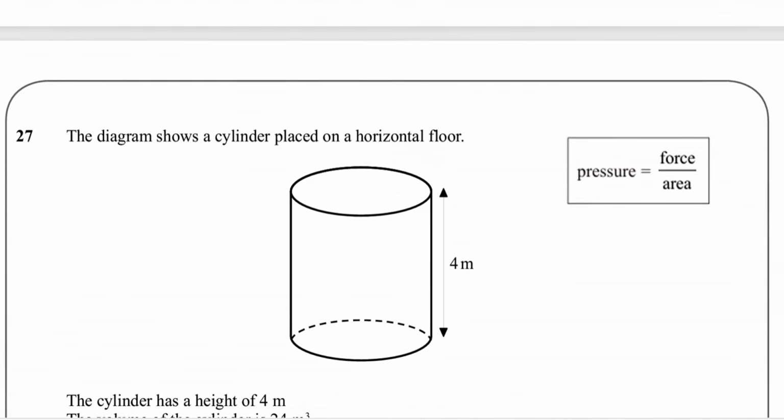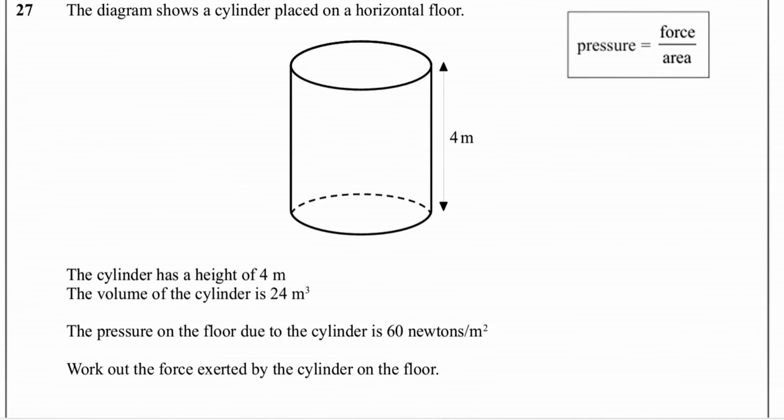Next question, we have a cylinder. Pressure is force over area. Now we're looking for the force. So remember that volume is the area times the height. Okay, volume is area times height. So 4 times what is 24? That's 6. That means your area is 6. So go back to the formula.